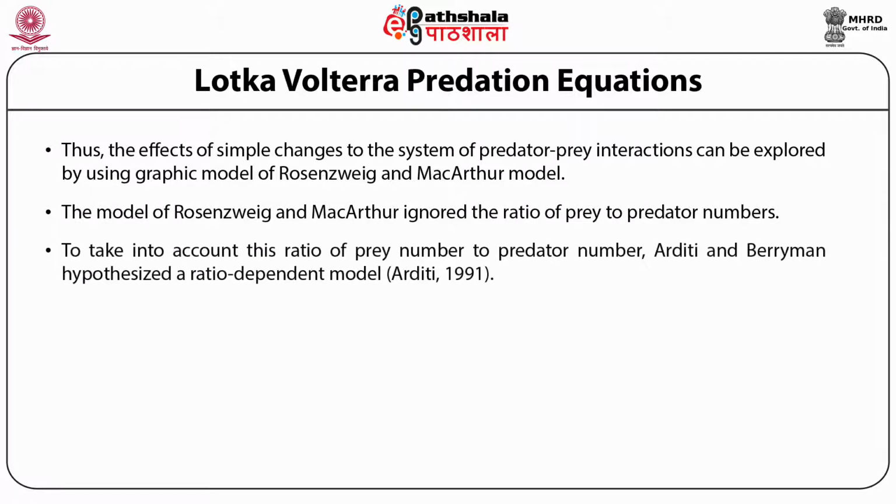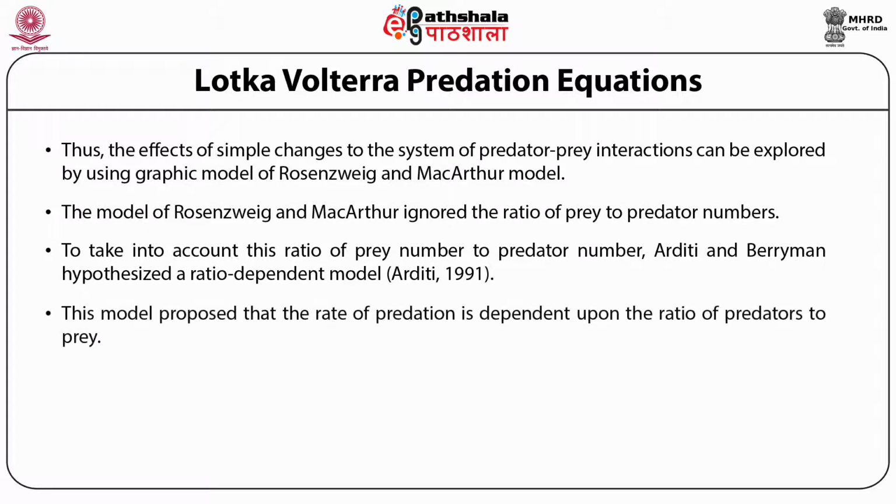To take into account this ratio of prey number to predator number, Arditi and Berryman hypothesized a ratio-dependent model in 1991. This model proposed that the rate of predation is dependent upon the ratio of predators to prey.